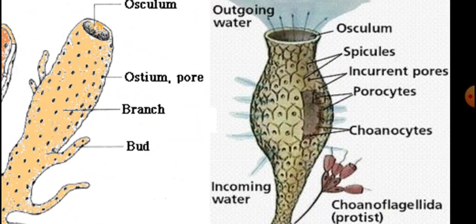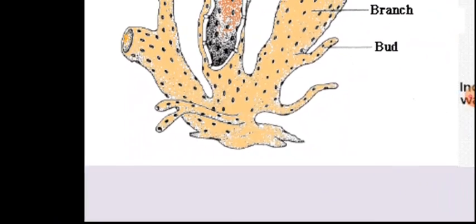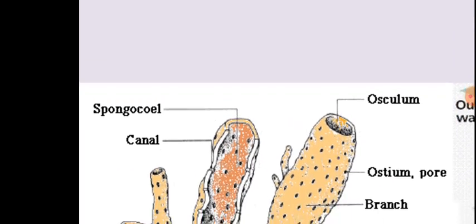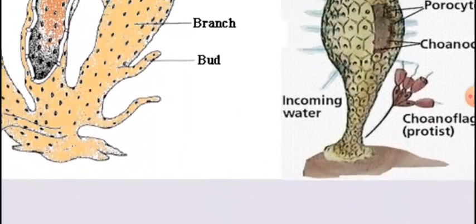Collar cells having flagella are called choanocytes. They line the spongocoel and the canal.